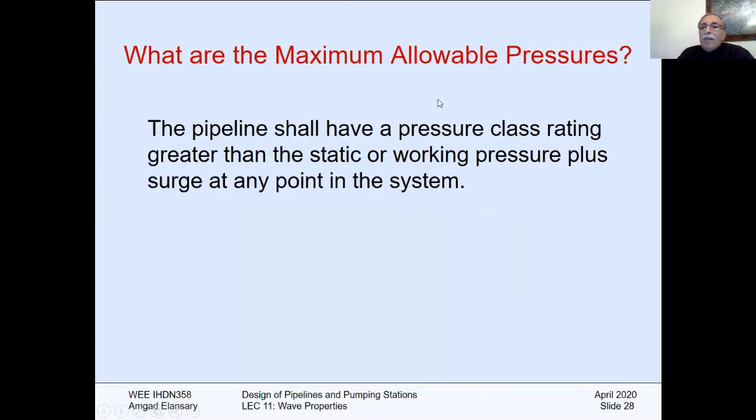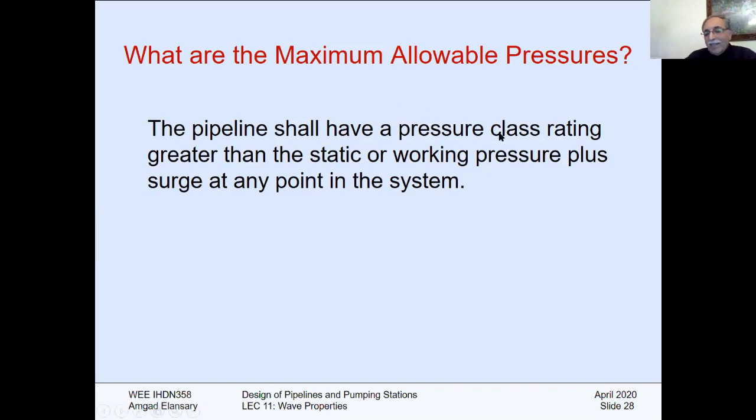What is the maximum allowable pressure? It's another question here. Assume that you design the maximum severe pressure, or the peak pressure along the pipeline, according to the maximum velocity that will happen, according to the maximum power failure scenario that will happen. What will be the maximum allowable pressure along the pipeline? We all know the class rating of the pipe.